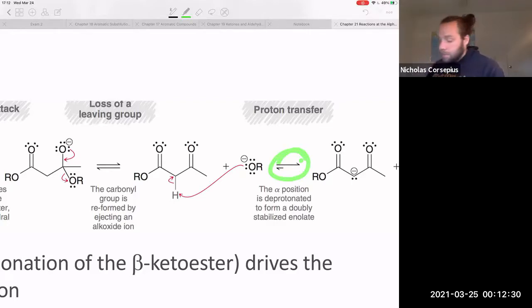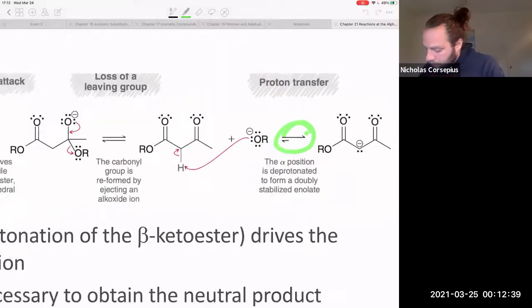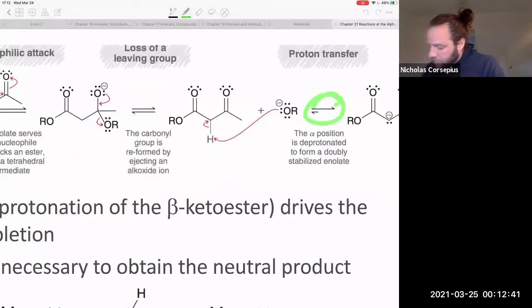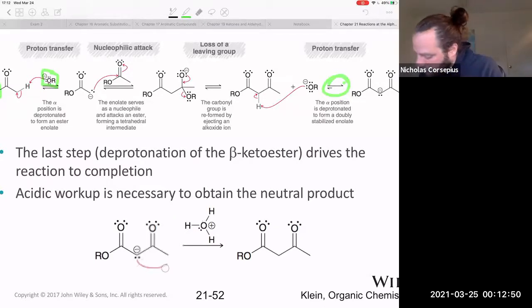You can't go back as easily because this guy right here is so much weaker of a base than the alkoxide ion. So it helps drive the reaction forward. And then that means that you have to have this second step where you add water or maybe a weak acid, a step that they always call acidic workup, which basically means just a last protonation step.